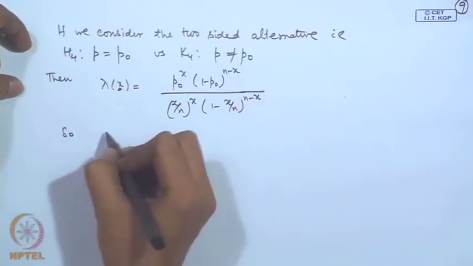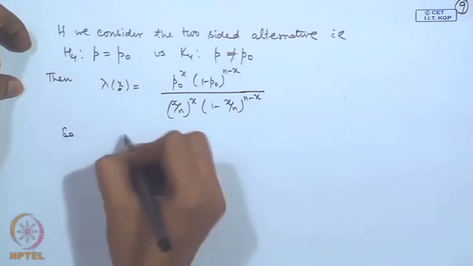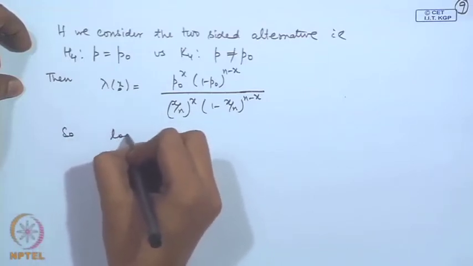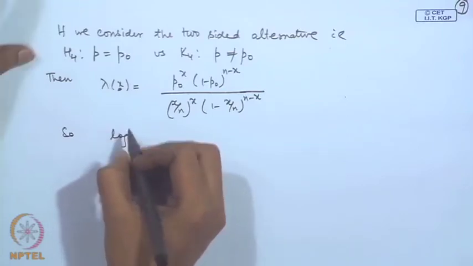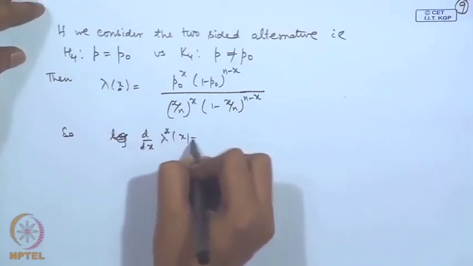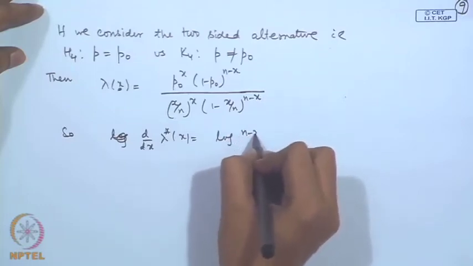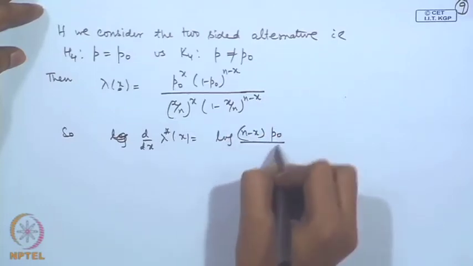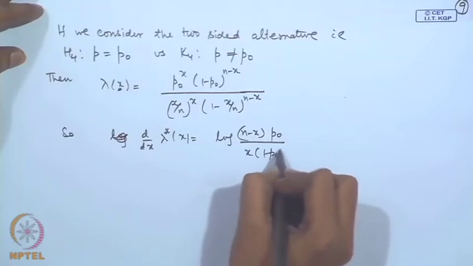So, the behavior of lambda star: we have seen that d by dx of lambda star x is equal to log of (n minus x) into P naught divided by x into (1 minus P naught).